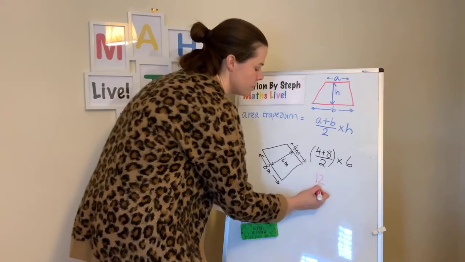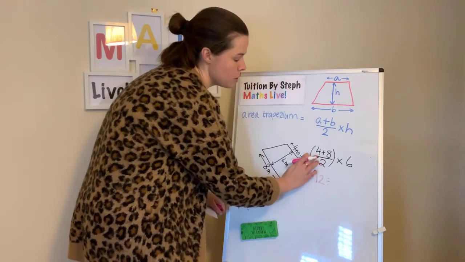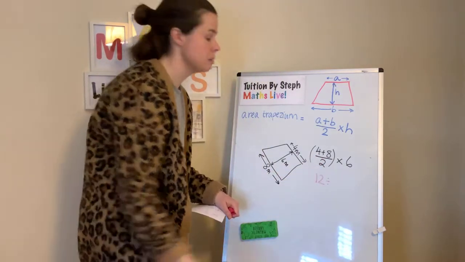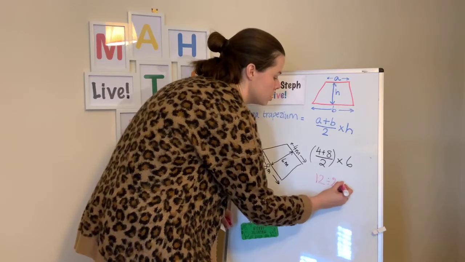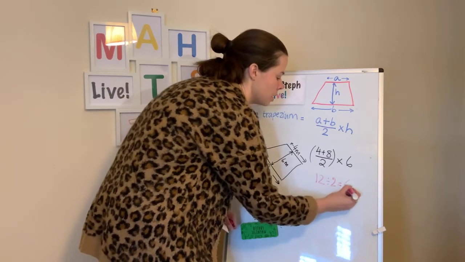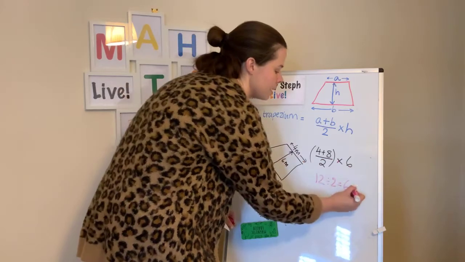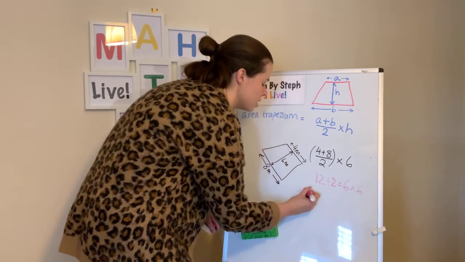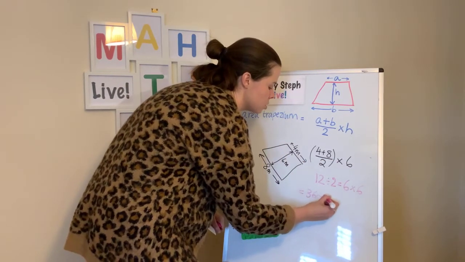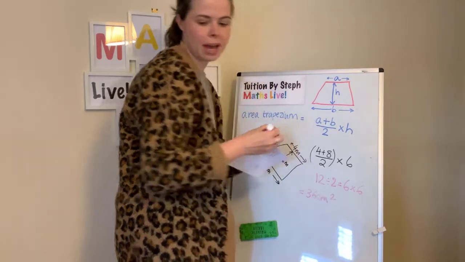Okay, 12 divided, and that's what it means. When it means over 2, that means divided by 2. 12 divided by 2 is 6. And then 6 times 6 is 36 metres squared. That pink pen has bit the dust.